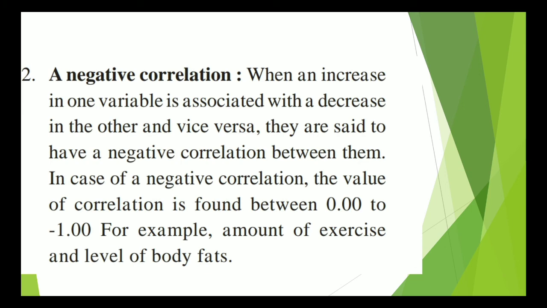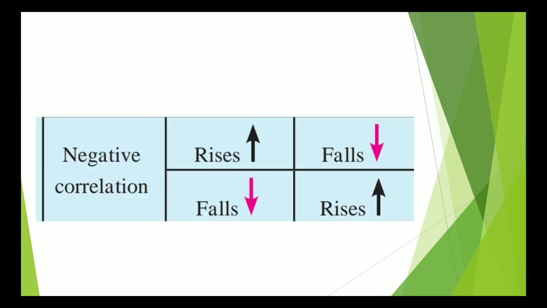So there is a negative correlation between these two variables, that is amount of exercise and level of body fats. So one increases, the other decreases, the other decreases, the one increases. There is an opposite relationship that is occurring over here, and that is why it is known as a negative correlation. I hope you are clear with both positive and negative.